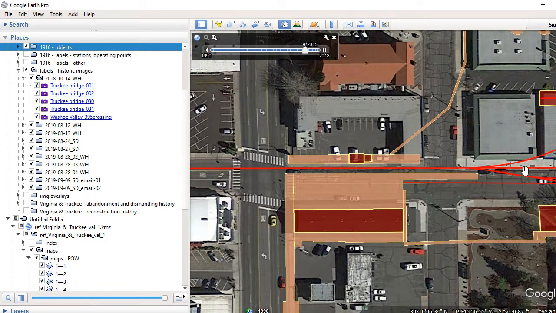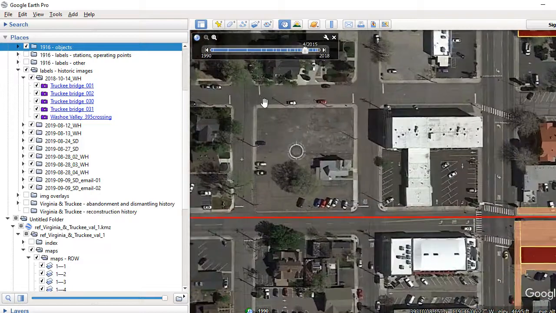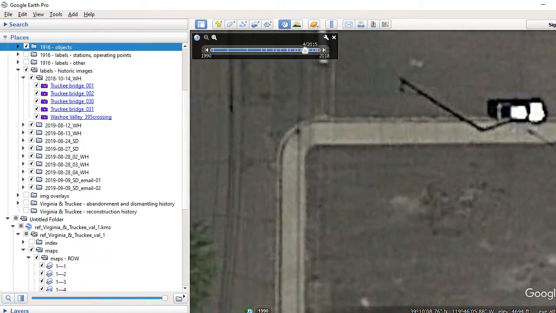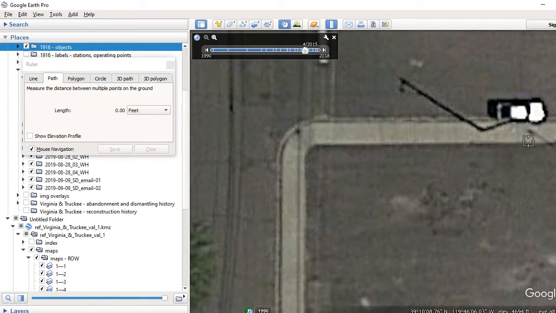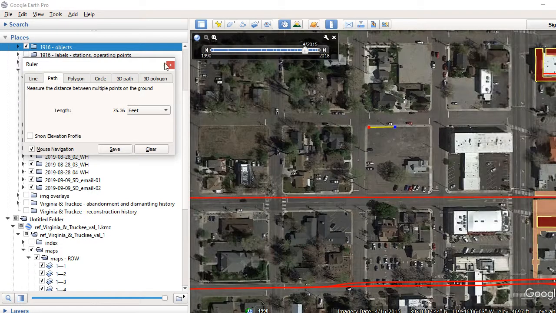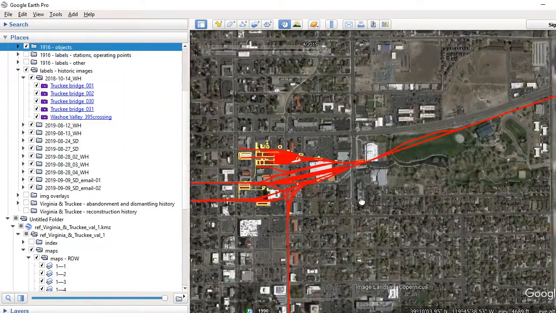All of this I know from the valuation map, which I was able to place by looking at the relationships right there. That is a property line. Okay.